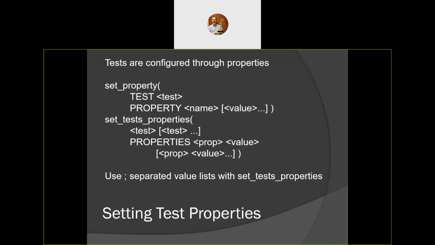And just take note that it's set tests properties because you can set the properties for multiple tests, although typically you do this for one test at a time. But just make sure you notice that, because for instance, the convenience command for setting properties on a target is set target properties. The target is singular, so just keep an eye on that.